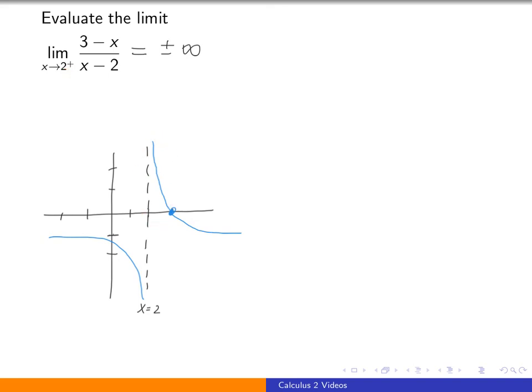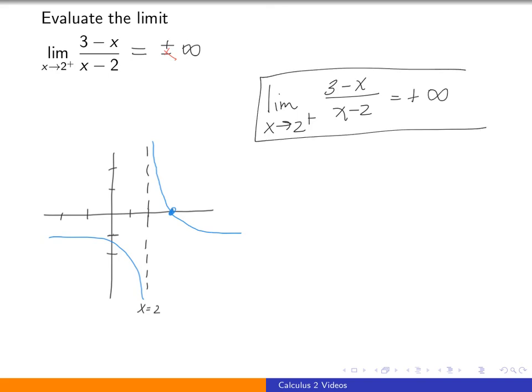From inspection of our graph, we now know that the limit is going to be positive infinity. So just to recap, the limit as x approaches 2 from the right of 3 minus x over x minus 2 is positive infinity.